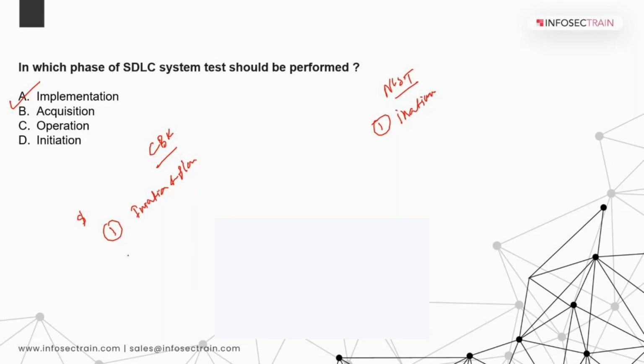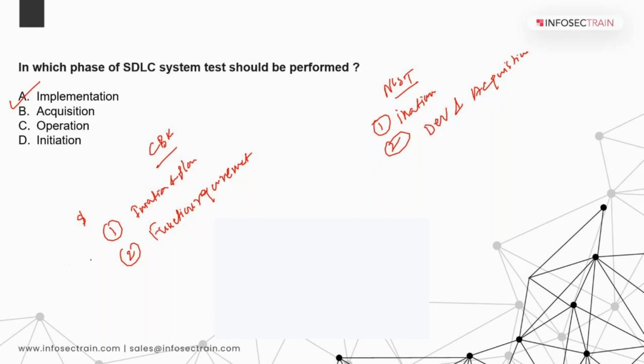Now, second, your functional requirements. Then development and acquisition, which covers approximately four to five of your SDLC phases.